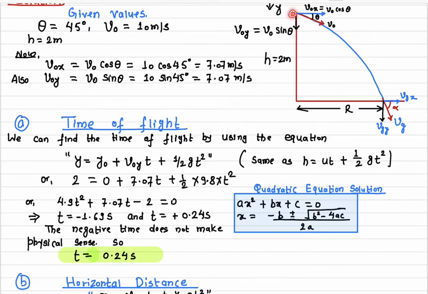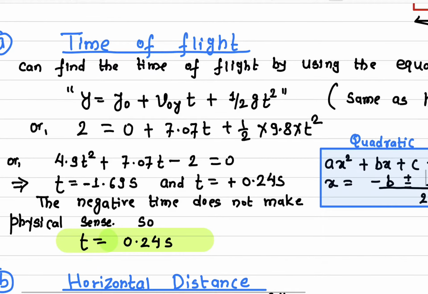And the initial height, since it is starting from 0, is 0. v0y, the initial vertical velocity, is 7.07 times t, plus half g, with g value 9.8, t squared.